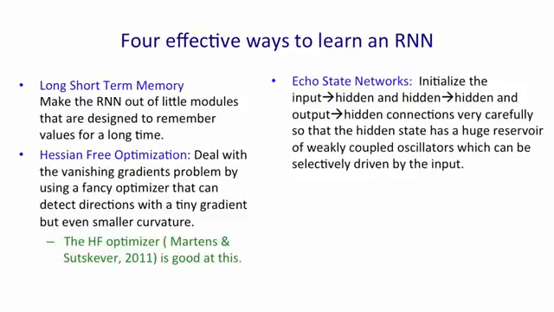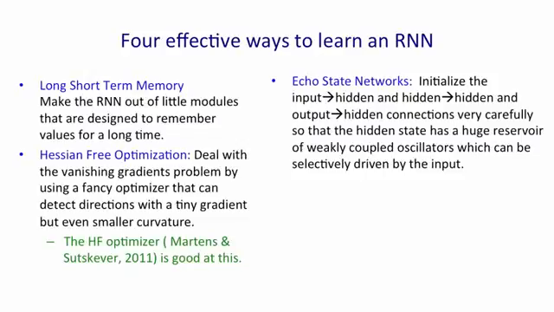The third method really kind of evades the problem. What we do is we carefully initialize the input to hidden weights, and we very carefully initialize the hidden to hidden weights, and also feedback weights from the outputs to the hidden units. And the idea of this careful initialization is to make sure that the hidden state has a huge reservoir of weakly coupled oscillators.